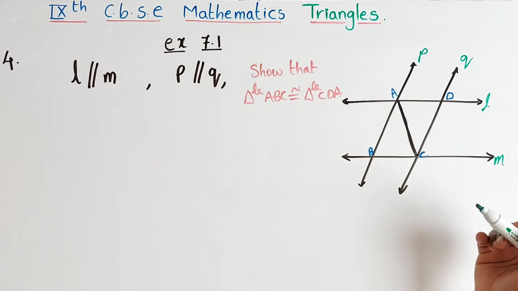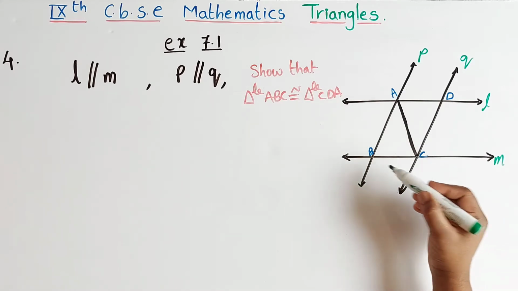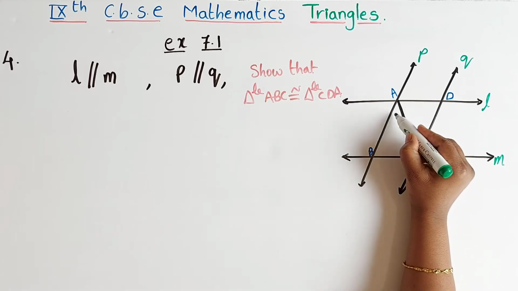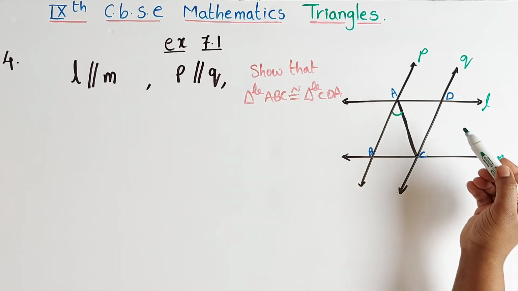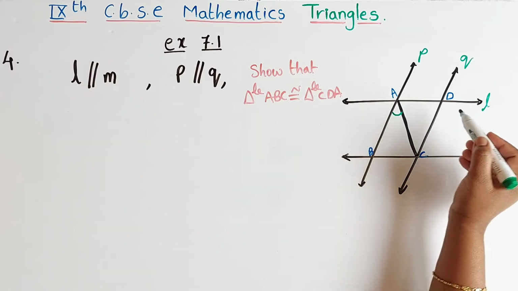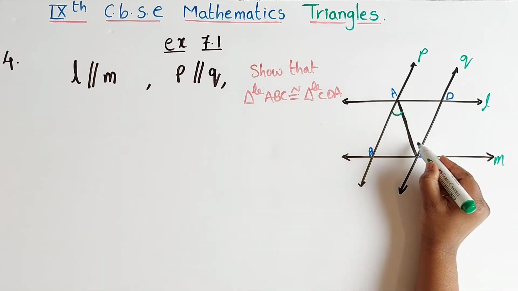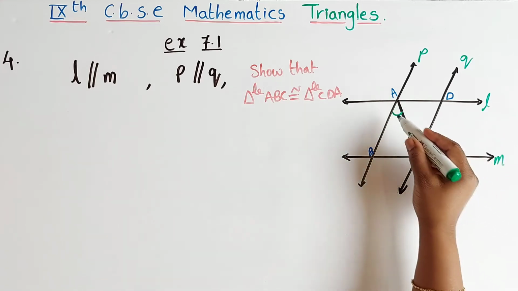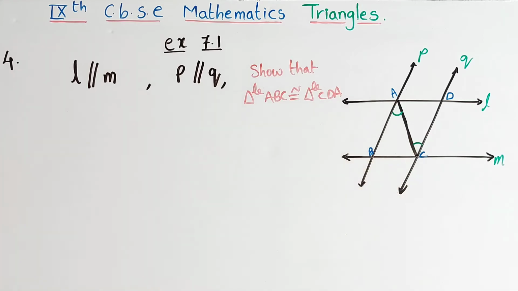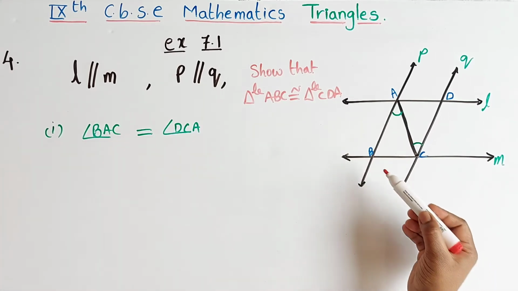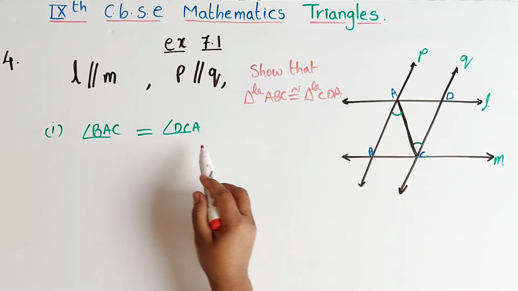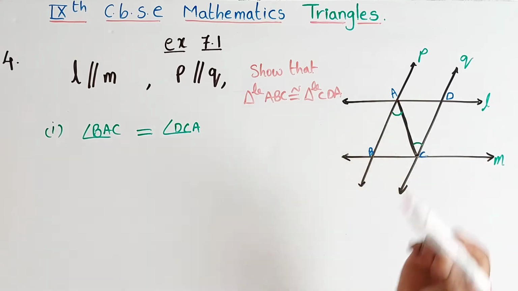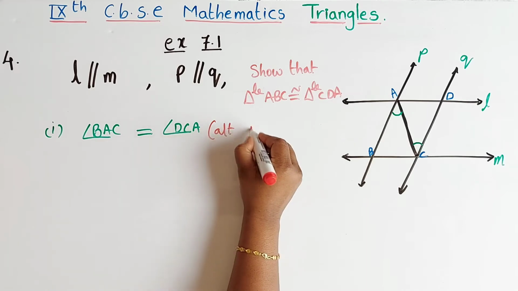If you see from here, P and Q are two parallel lines and AC is a transversal. Correct, children? Now we can say that angle BAC is equal to angle DCA because these both are alternate interior angles. So here I have written that angle BAC equals angle DCA, both are alternate interior angles.